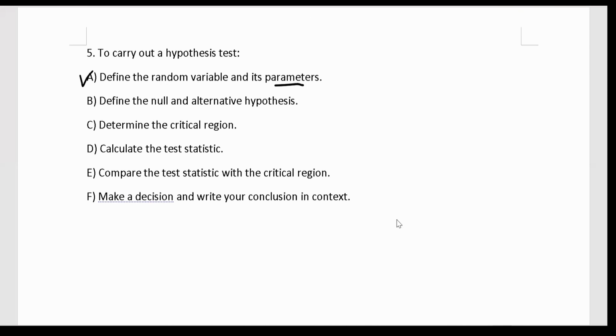Fourth, calculate the test statistic. The fifth one, compare the test statistic with the critical region. And the sixth one, we make a decision and then write our conclusion in context. I will show you these 6 steps with a past-year question as an example.